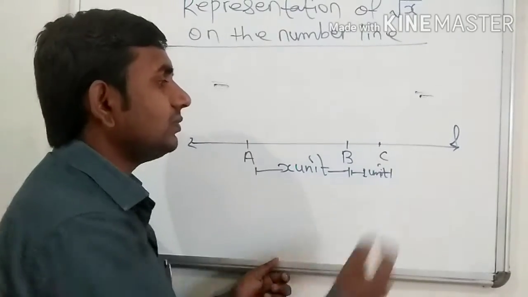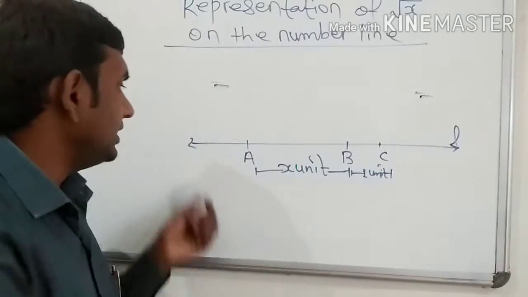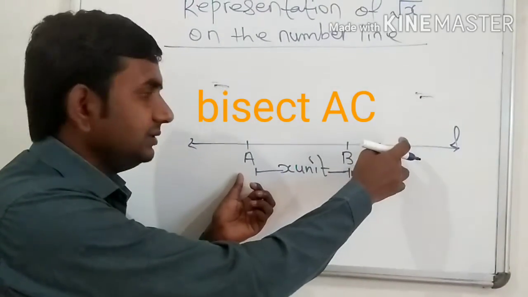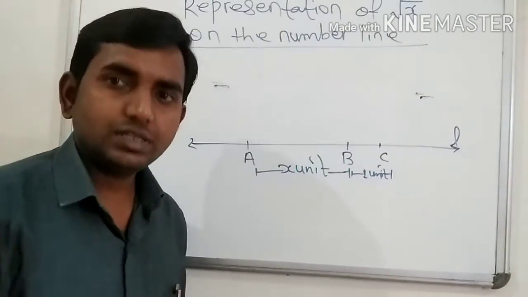In the next step we have to divide AC into two equal parts. For this we use the construction process.